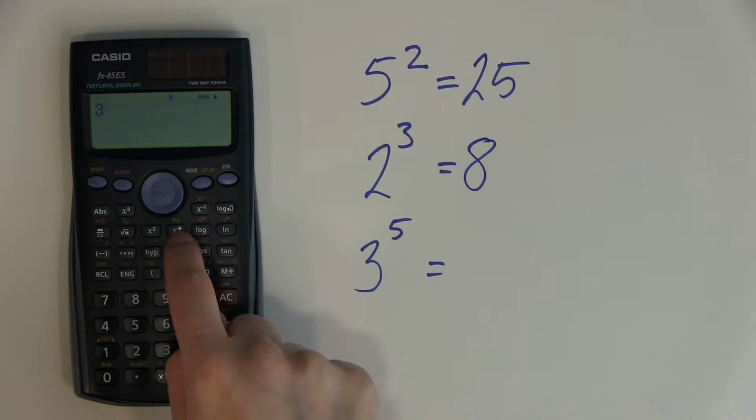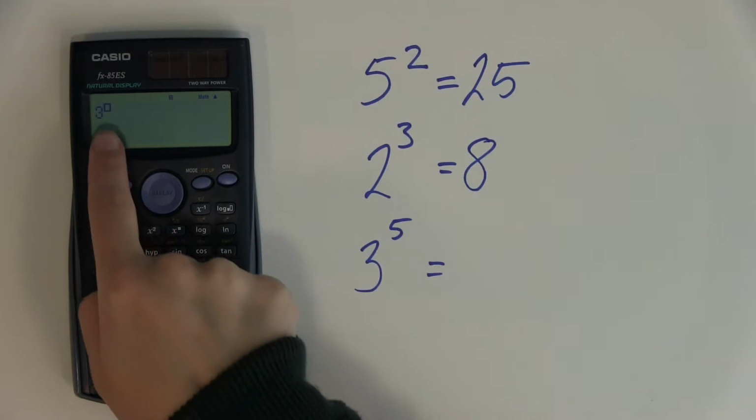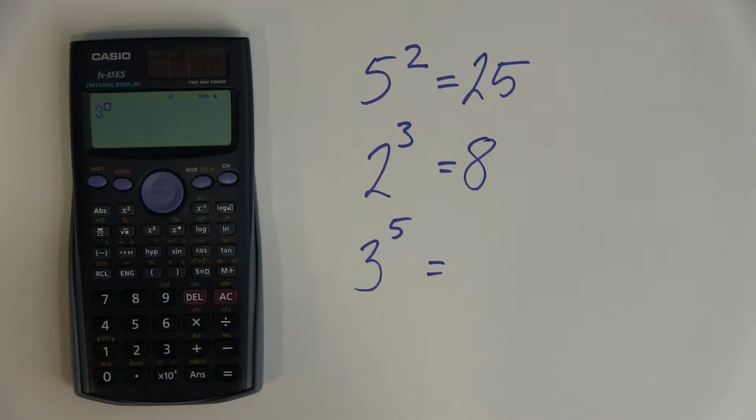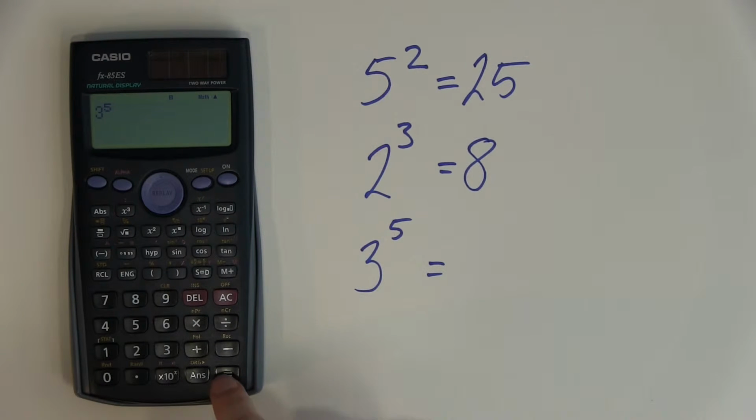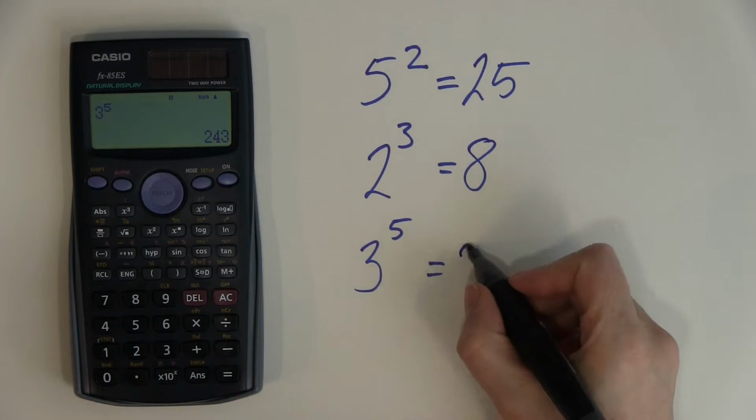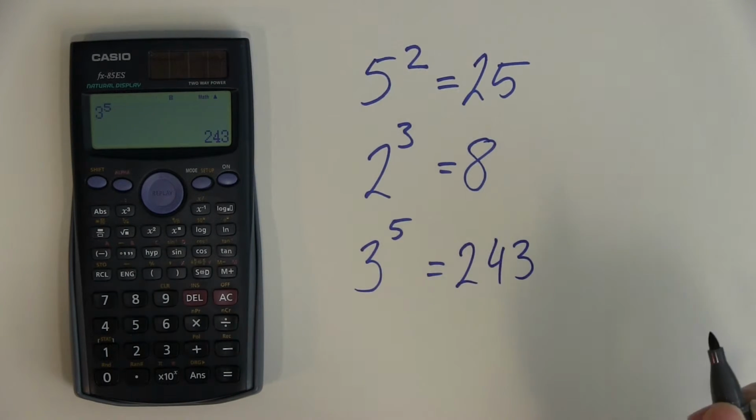So what happens now, if I press it, a square appears there with a cursor flashing there. Now I can just type the 5 in, hit the enter, and I know now that 3 to the 5 is 243.